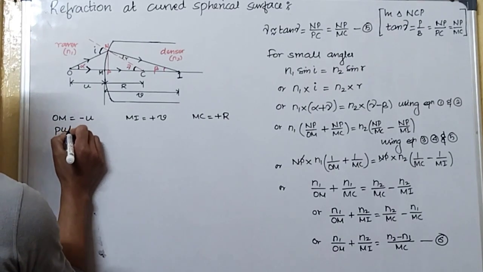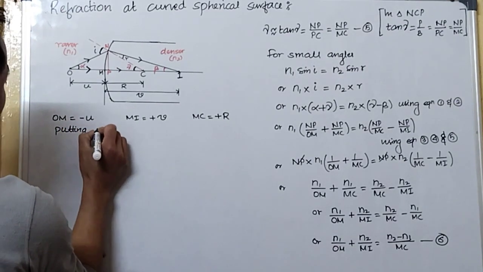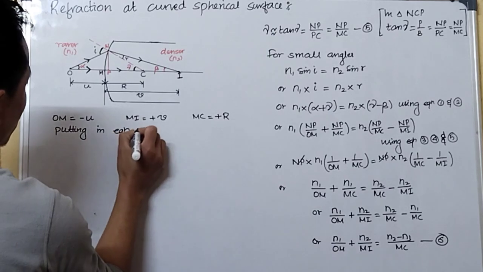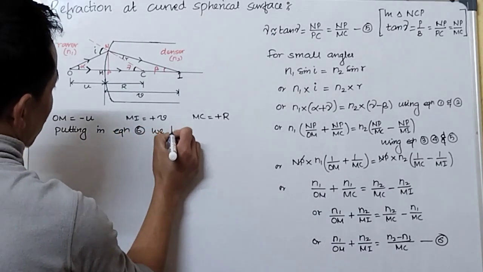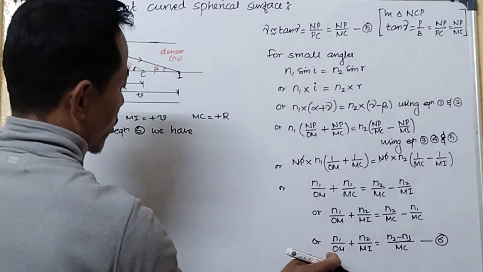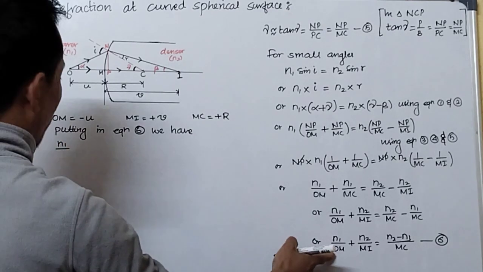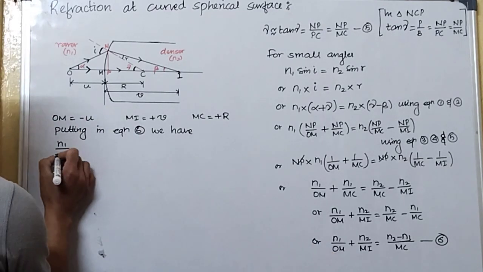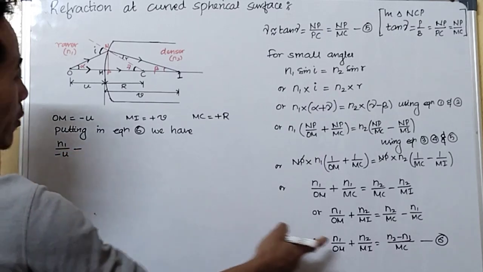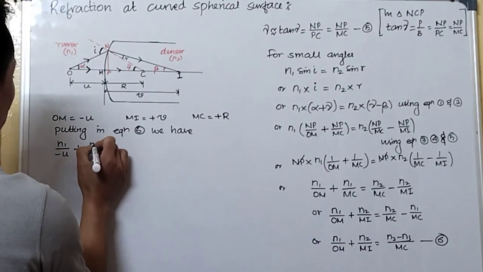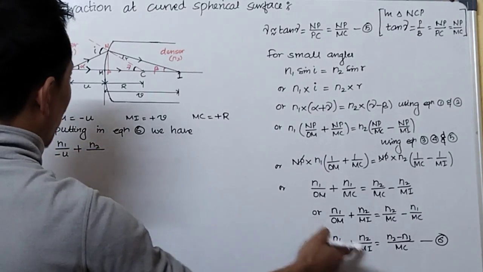So you can write down putting in equation 6. So what do we get? Let's put the value here. We have N1 divided by OM. OM is our minus U. Then we have this plus. We have N2 divided by MI.